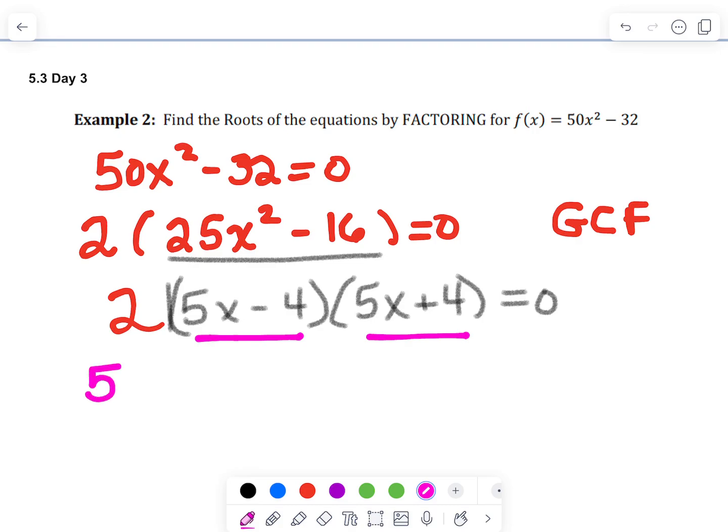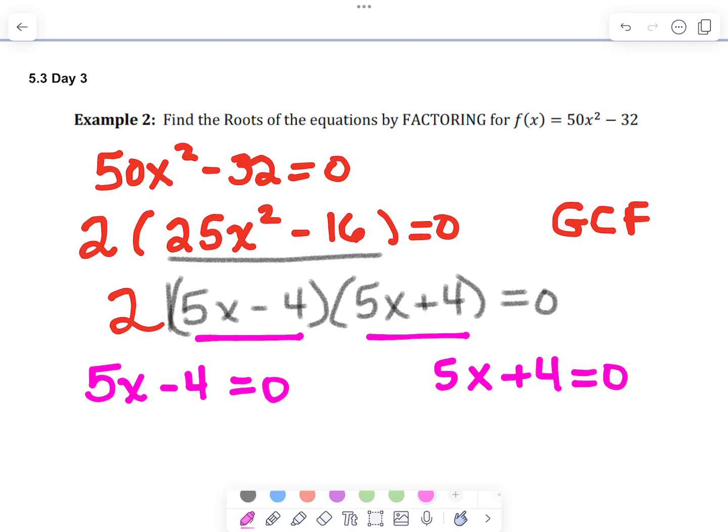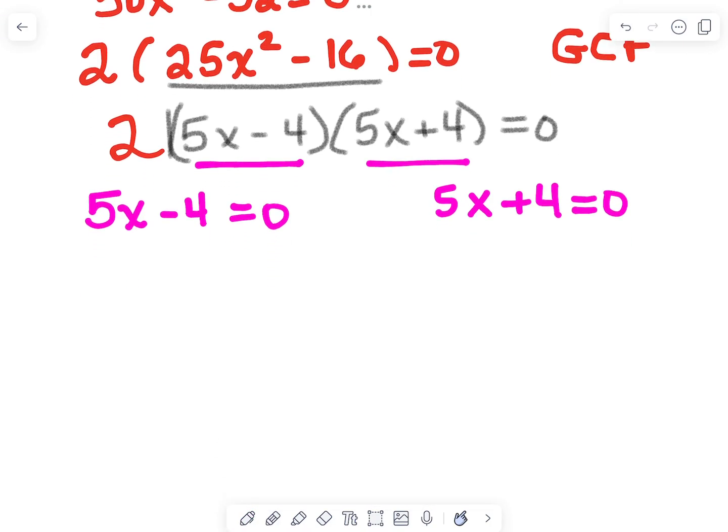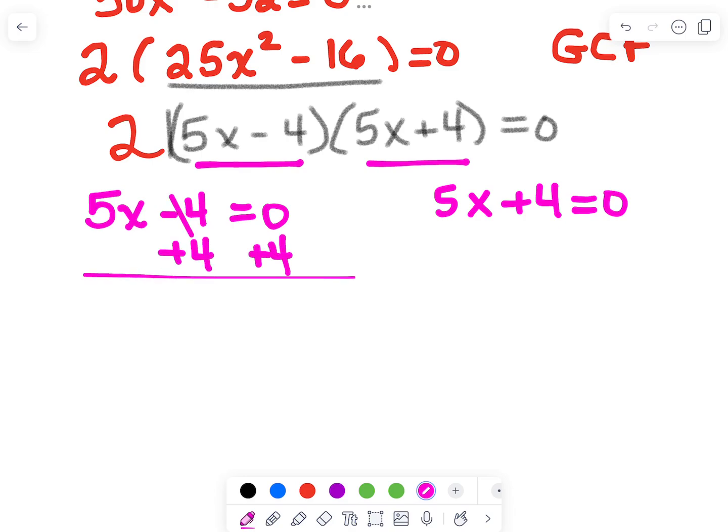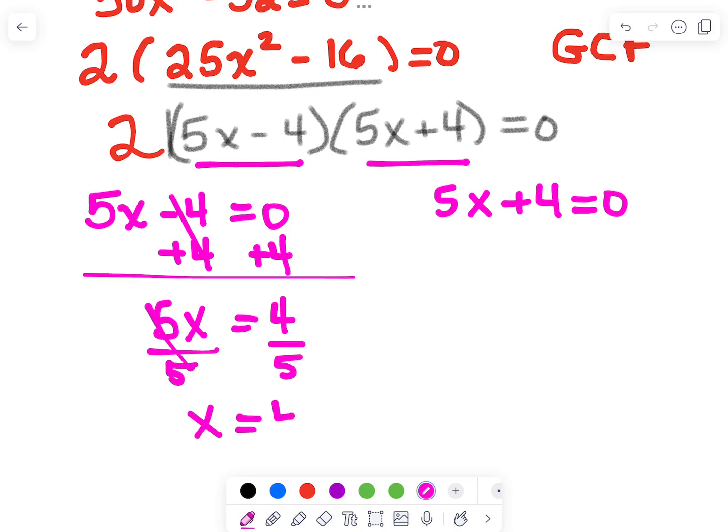So again, use our zero product property, 5x minus 4 equal to 0, and then 5x plus 4 equal to 0. Add 4 to both sides. And then divide both sides by 5. So our first root is 4/5.